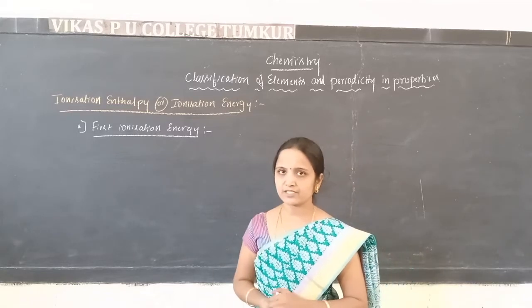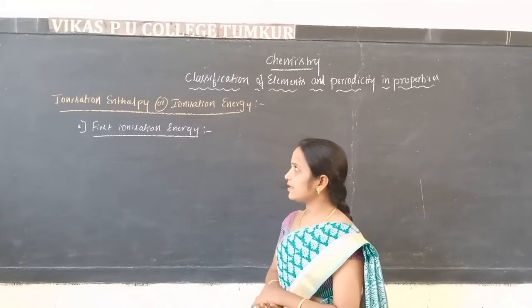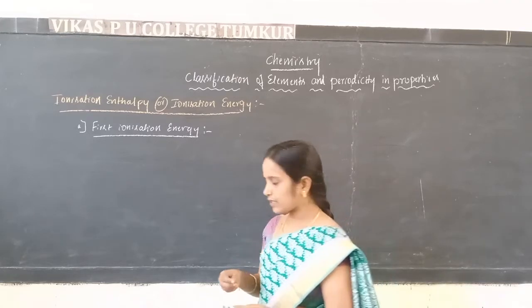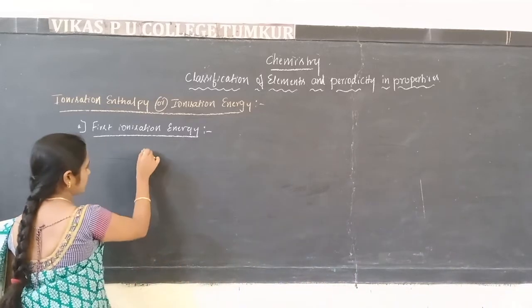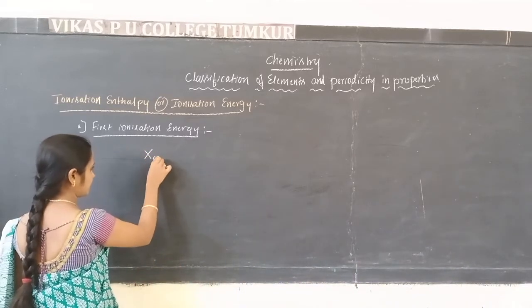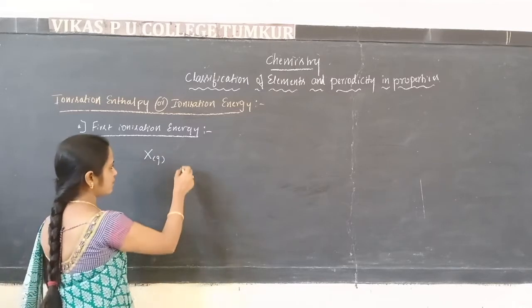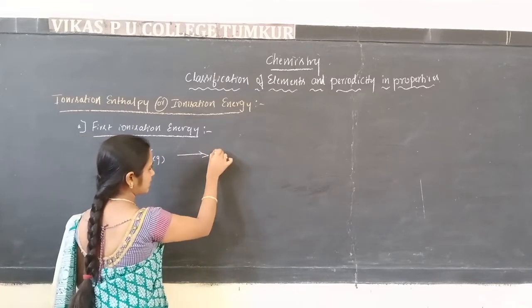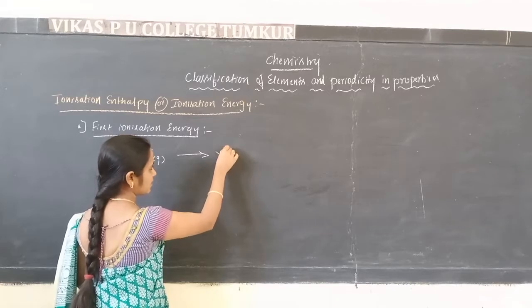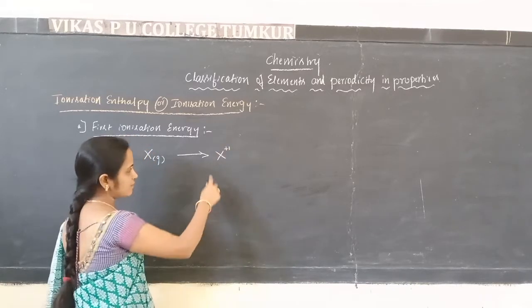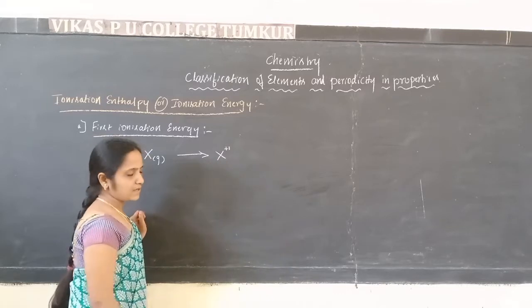If the removal of one electron from the neutral gaseous atom forms a cation, it becomes a positive ion.